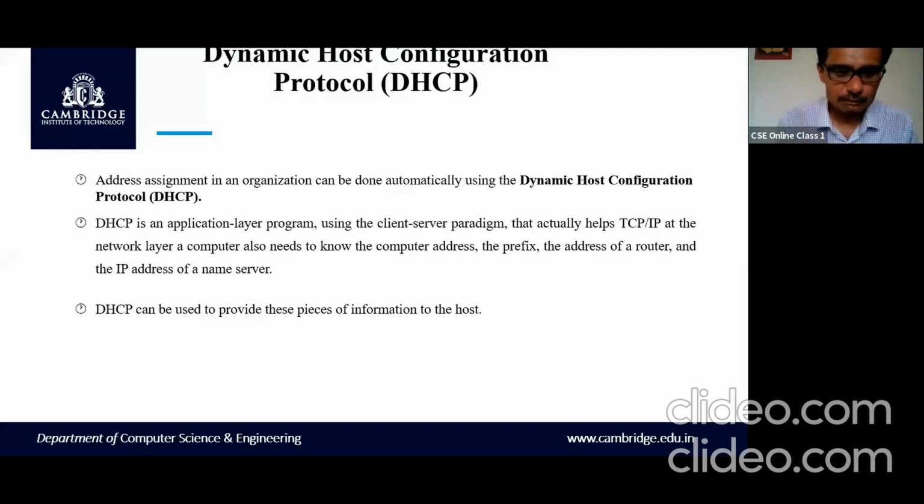Once the ISP allots the address to the organization, who will allot the addresses to the individual computers or individual hosts? One way is manually: the network administrator will allot the address to the host.